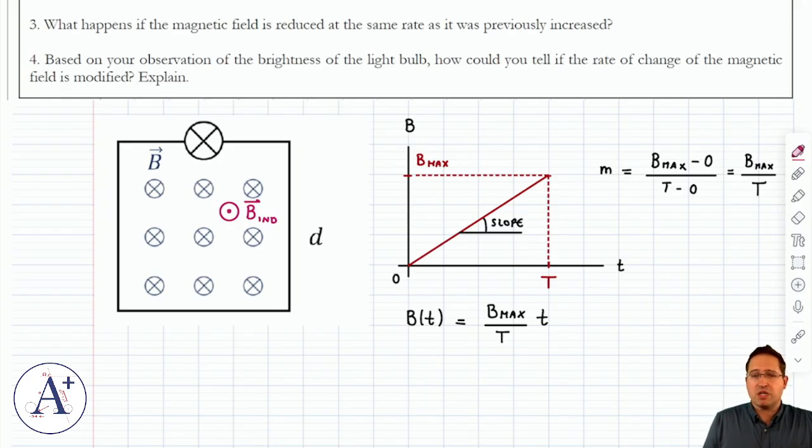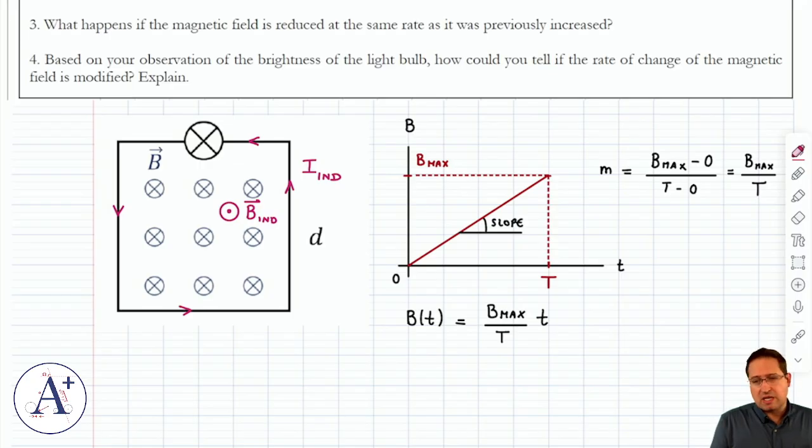The only way I get a B induced pointing out of the page is if there's an induced current in this loop going around the loop counterclockwise by the right-hand rule. Wrap my fingers in the direction of I induced, my thumb points along B induced.